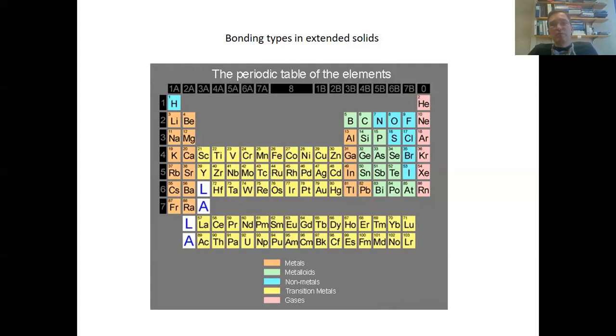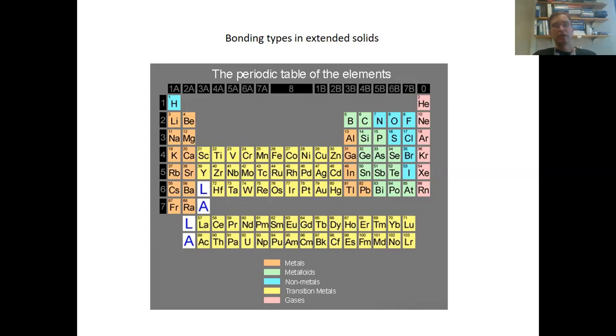Well, that's the ionic bonding, that's the covalent bonding, and the metallic bonding. And we will find all 3 bonding types in extended solids. So now in the following, I would like to go step by step through the bonding types. We will discuss the bonding theories that can explain these bonding types in extended solids.